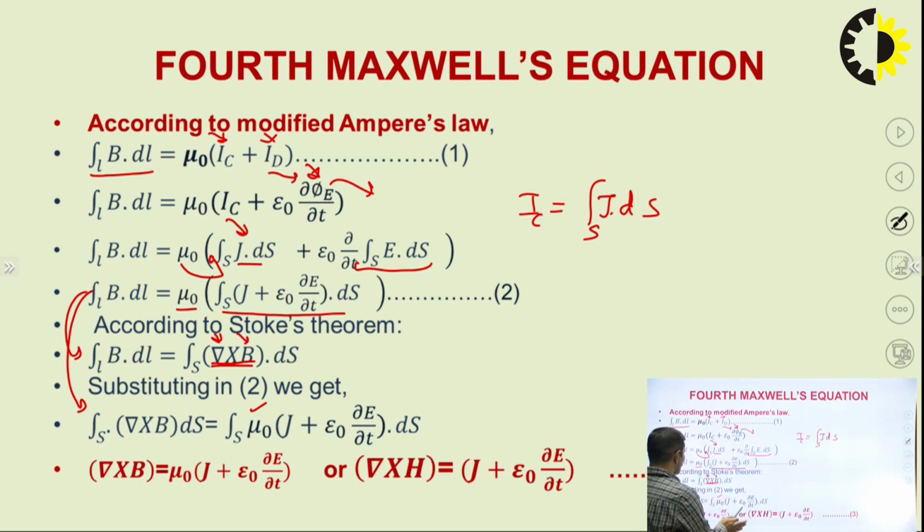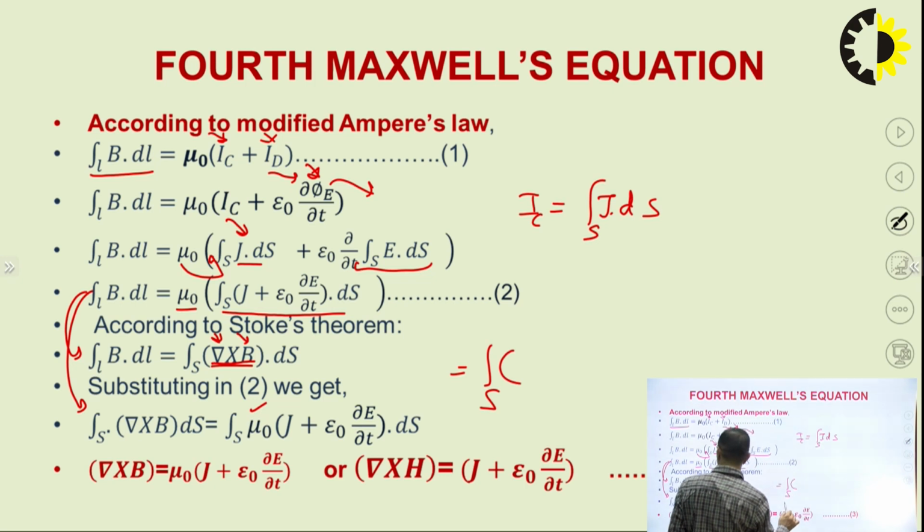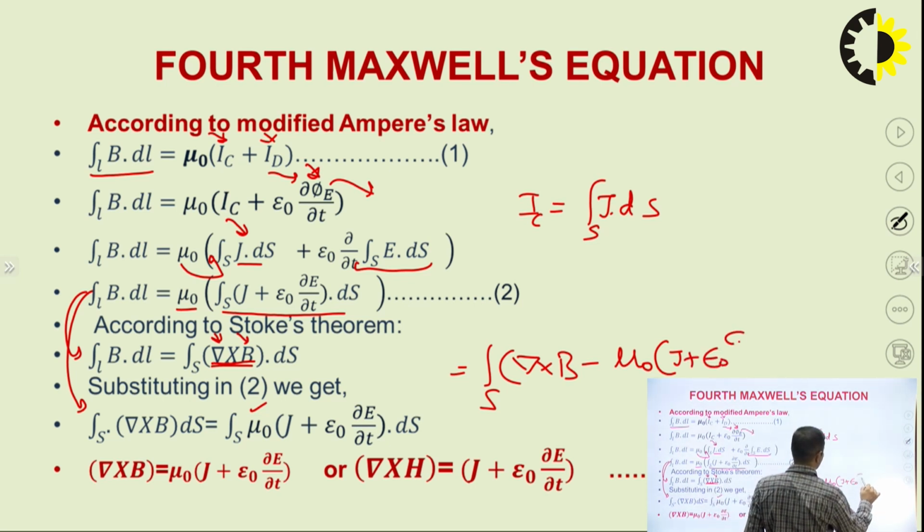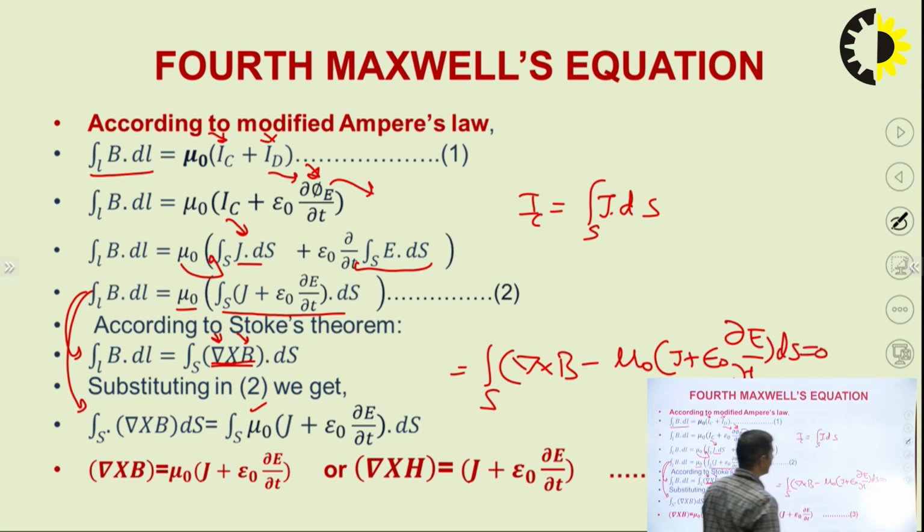Or again we can write this equation as the surface integral over a surface S of del cross B minus mu naught times J plus epsilon naught dE by dt into ds equal to 0. And we can vanish this integral sign.